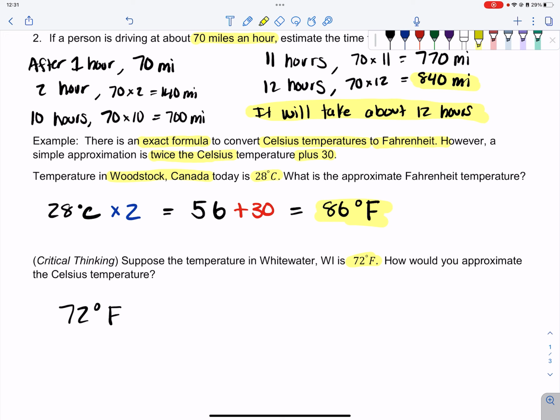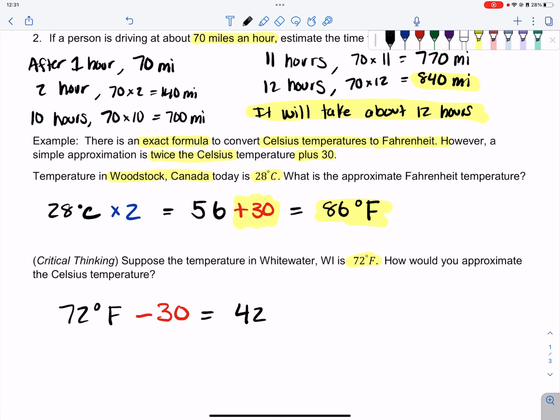The last step that I had done was I had added 30 to this. So now I need to undo that step. So I am going to do the opposite of add, and I'm going to subtract 30. So now that gives me 42.